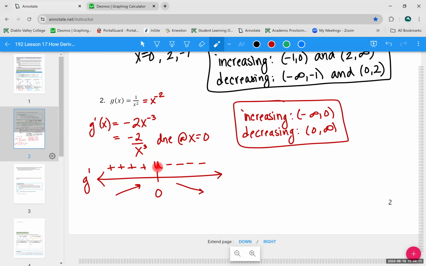It's where g prime is undefined. I plugged in something less and greater and got positive here and negative there. It's pretty straightforward to plug those in. So it looks like it's increasing on the interval from -infinity to 0 and decreasing on the interval from 0 to infinity.